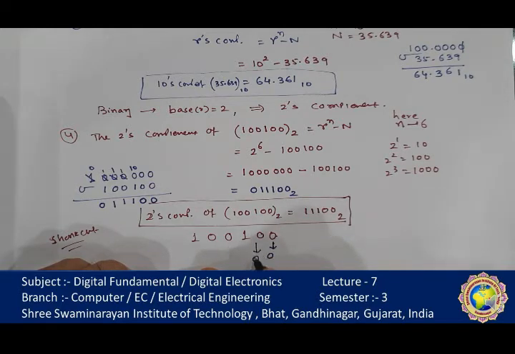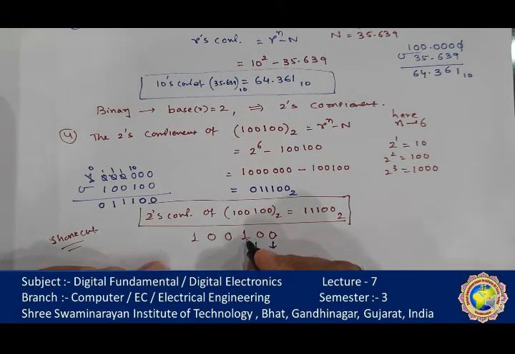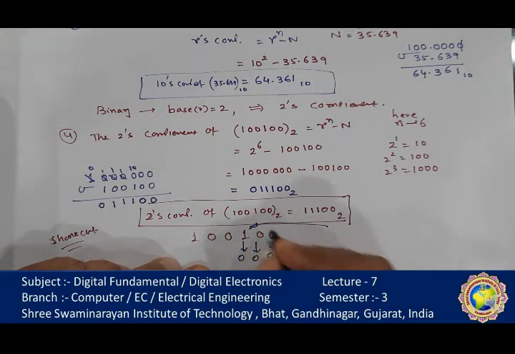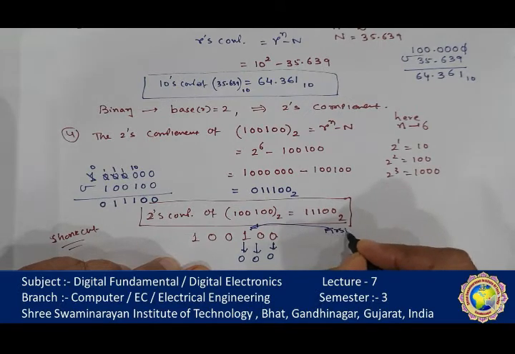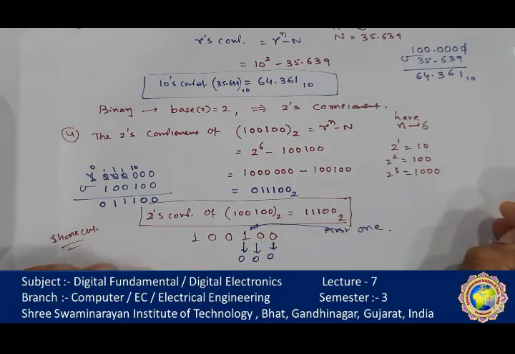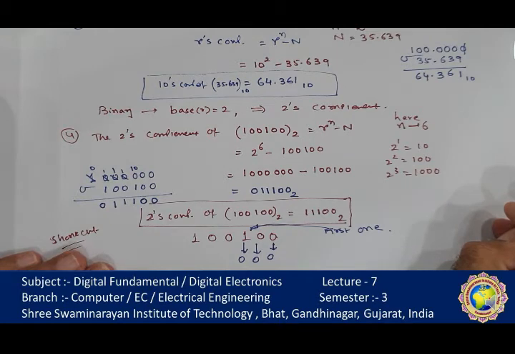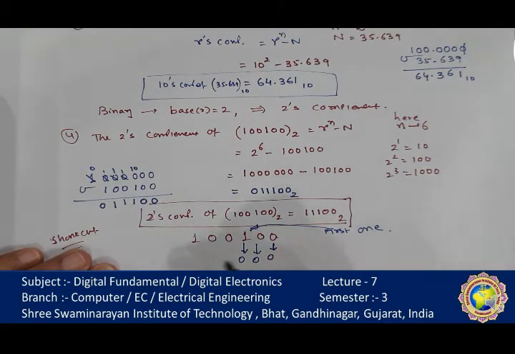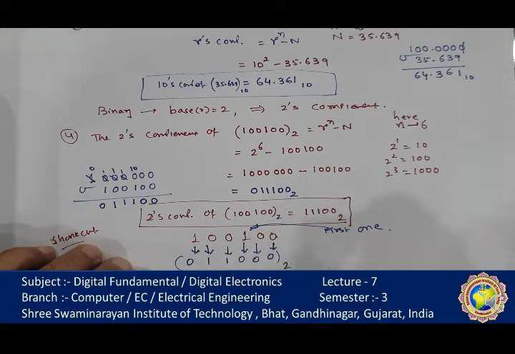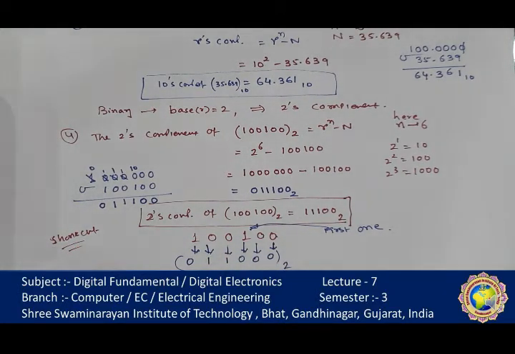This one is 0. Now the first one is replaced by 0. It is known as the first one. Okay. First one is replaced by 0, and then in all higher bits, 0 is replaced by 1 and 1 is replaced by 0. This is the shortcut answer. In a single step we can directly determine the 2's complement of any number.